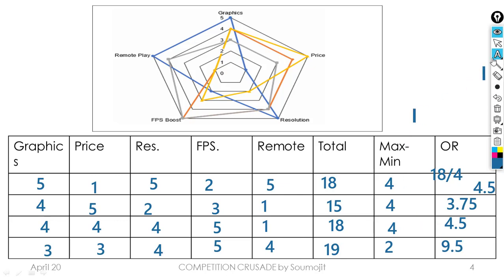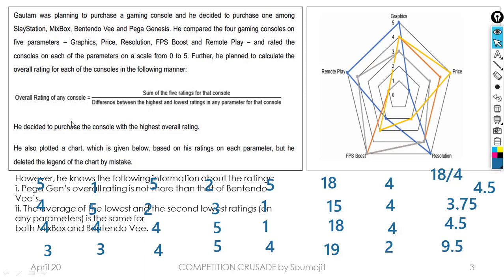Now what do we do? So far we do not know which of the consoles is which, which one is Pegagen, which one is Nintendo Wii, which one is what. So we will go to the two statements that were given to us.